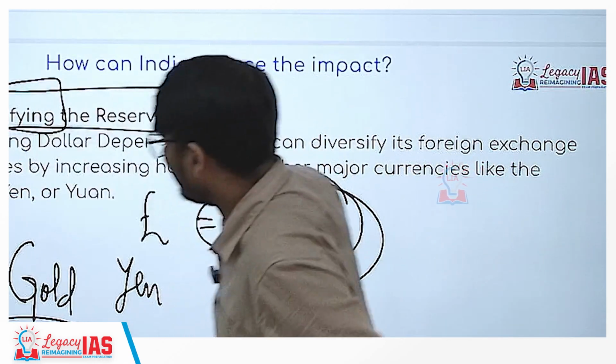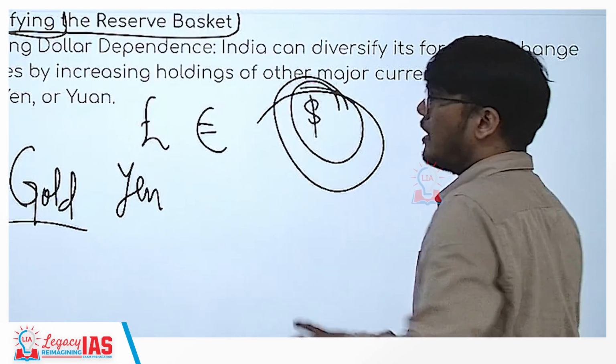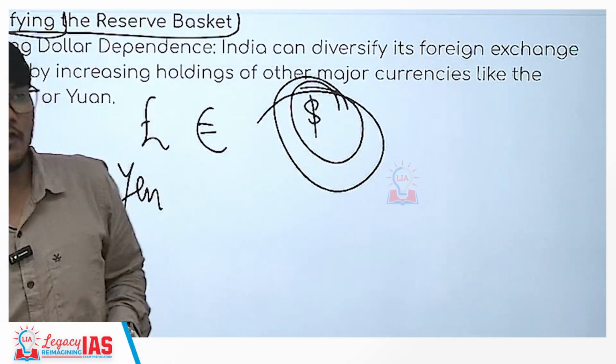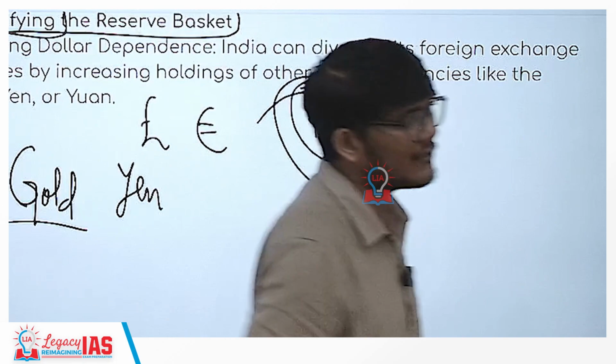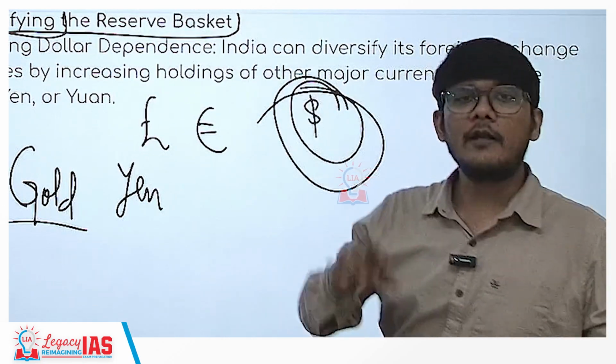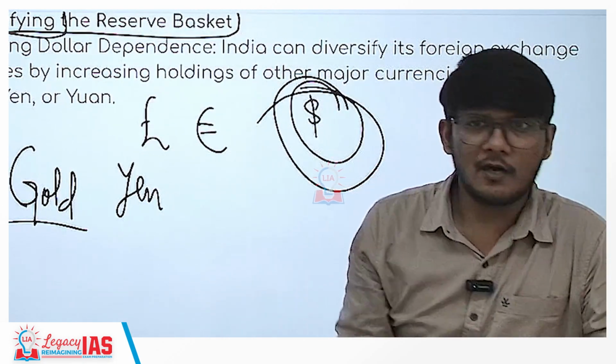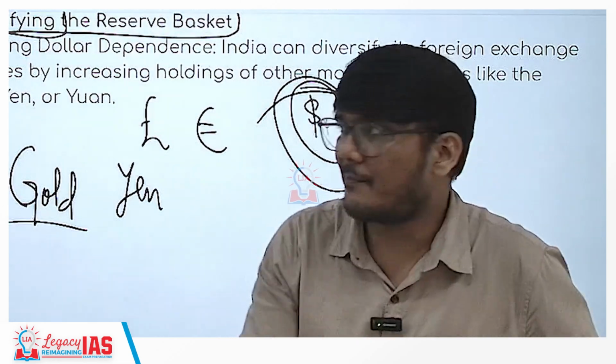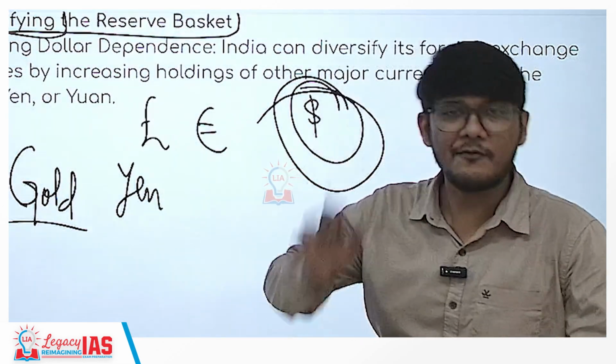So these are the things India can do in order to address any fluctuation in the US Federal Reserve Bank rates or in the value of the dollar. To have lesser impact, we can diversify our reserve basket.